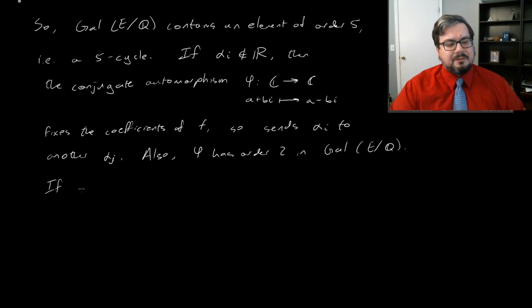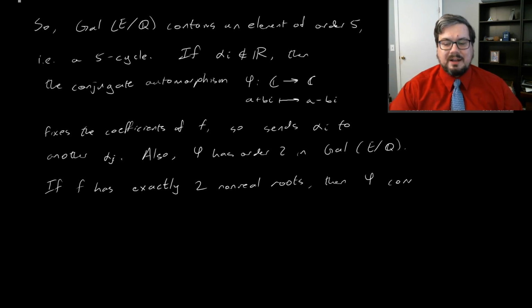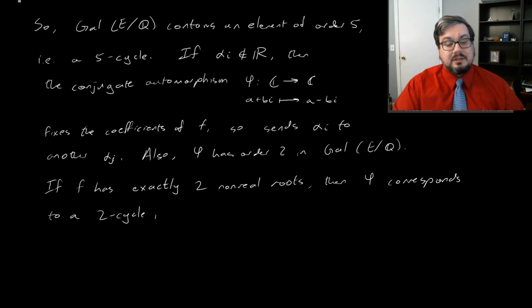So if f has exactly 2 non-real roots, then this phi here corresponds to a transposition. That is a 2-cycle in S5.